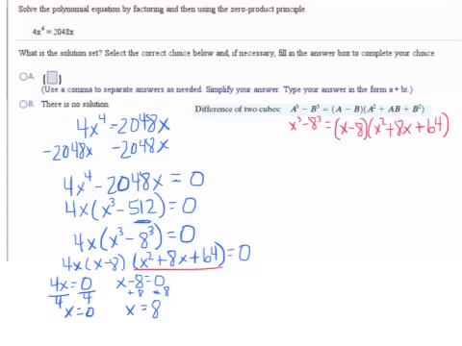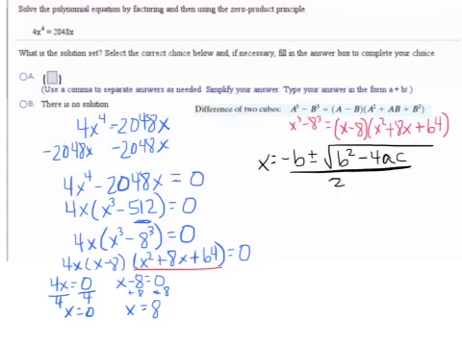So this last one, we're going to use our quadratic formula. So x equals negative b plus or minus the square root of b squared minus 4ac, all divided by 2a. In our case, b is 8, so negative 8 plus or minus the square root of 8 squared, which is 64, minus 4 times a, which is 1, times c, which is 64.